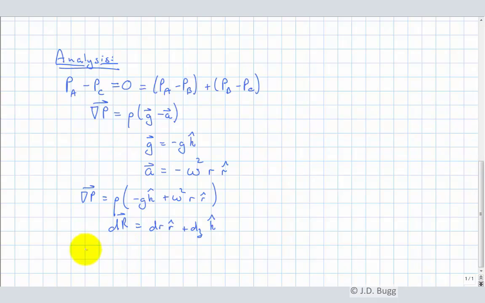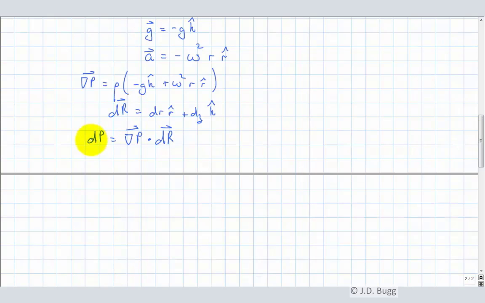Now, the pressure difference between any 2 points in this fluid. So dP is going to be the pressure gradient, and we've got an expression for that here, dotted with dr. So remember, that's how we find a pressure change in a pressure field. You take the pressure gradient, dot it with dr. So this is just dP if we want to actually find the pressure between any 2 points. So I'll call those 2 points P1 and P2 right now. That is the integral from 1 to 2 of dP.